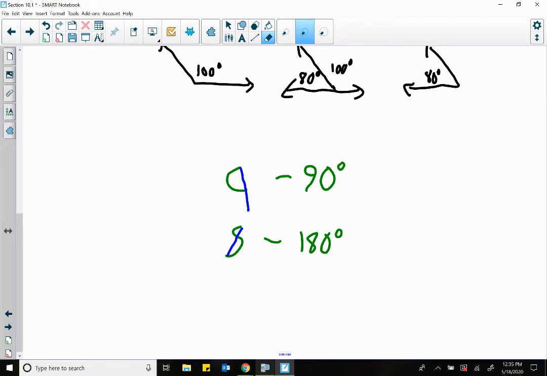By using one line, I can turn the C into the number that it's going to deal with. By using one line, I can turn the S into the number that it's going to deal with. Okay? So there you go. So C is all about the number 9, which is 90. S, supplementary, is all about the number 8, which is 180. So two ways to think about it, alphabetically, numerically, or I can turn these into the number it's about. The C becomes a 9, the S becomes an 8. Kind of interesting. Thought that was cool that a student showed me that.